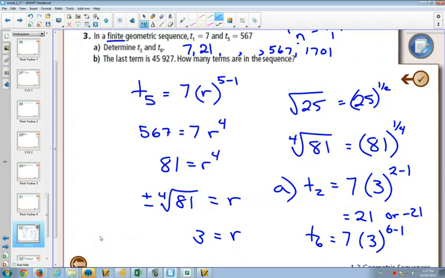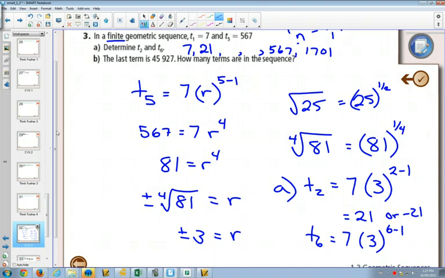So whenever you're doing an even root, square root, 4th root, 6th root, you have to remember a plus or minus, which gives 2 possible values for our r value. Could be plus 3 or negative 3.